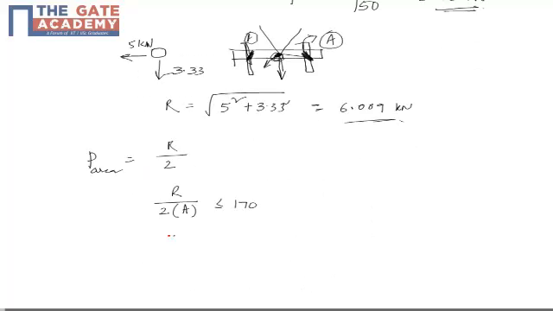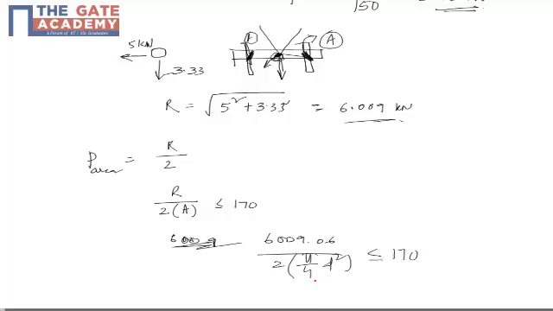Coming back to our problem, R is 6 kilonewton, so let me write in Newton, 6009.06, divided by 2, divided by pi by 4 d square, should be less than or equal to 170.